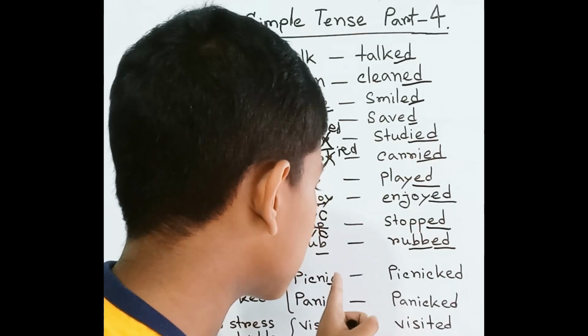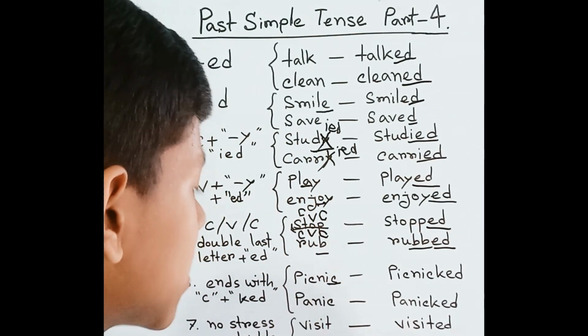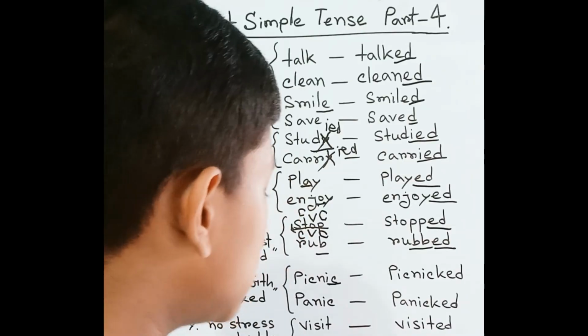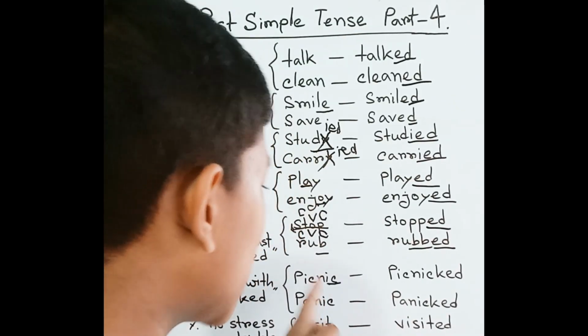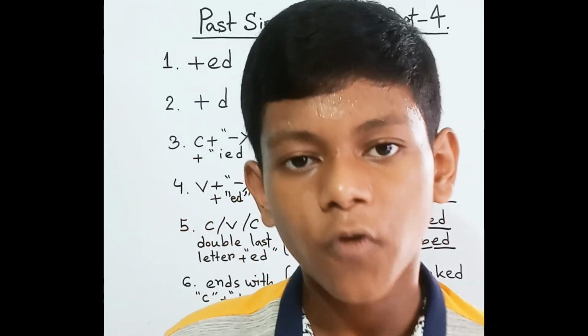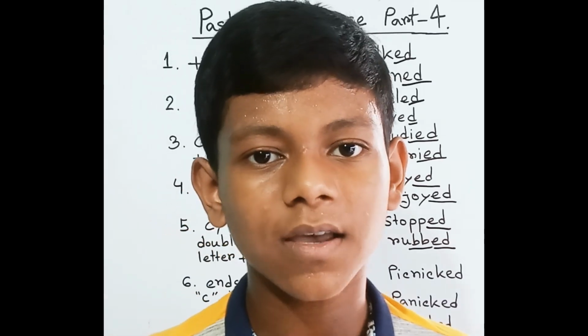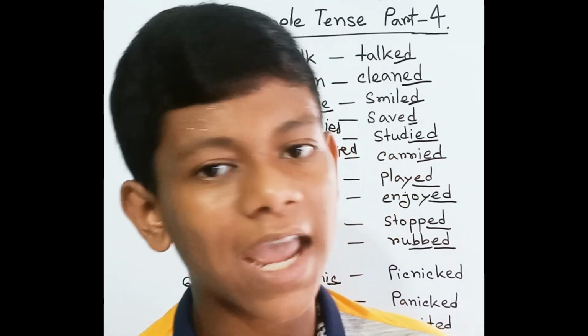Picnic is a verb here, but something may be blowing your mind. That is why we have used picnic here. Picnic is a noun, but in some concepts picnic can be a verb. For example, we picnicked at the park.